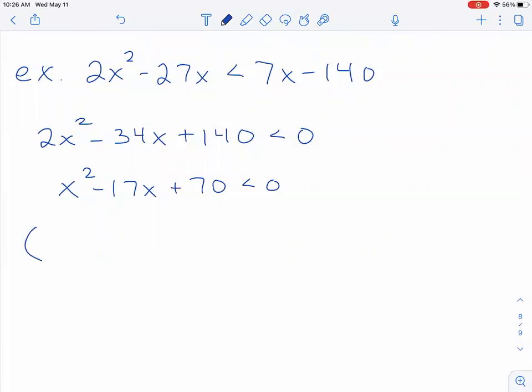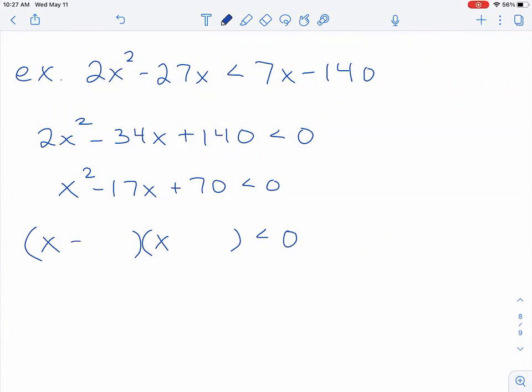And let's factor this. So we're looking at things that I could multiply to get positive 70 and add or subtract to get negative 17.